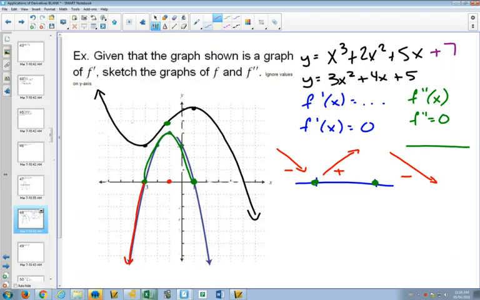So this point where it's equal to 0 on my second derivative is going to be the same place that I have a maximum on my first derivative or a minimum on a first derivative. Do you notice how this maximum matches up with that inflection point?